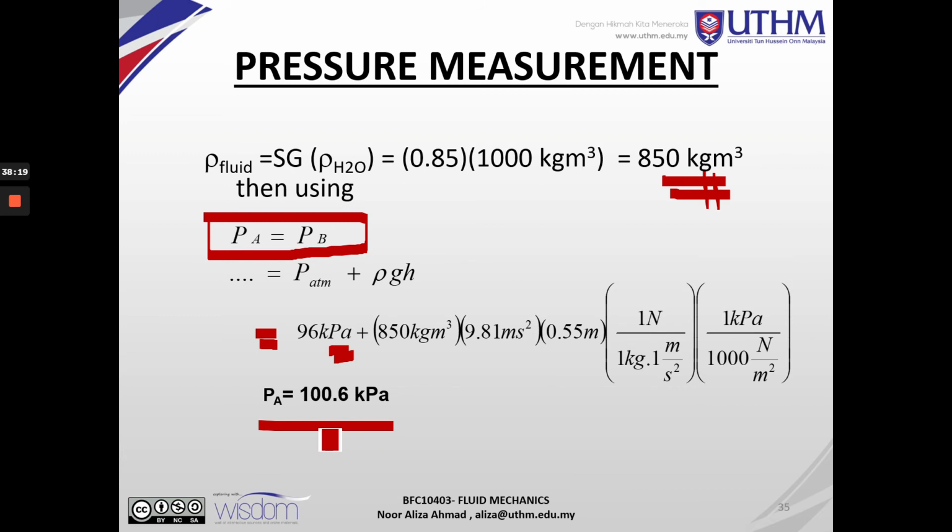So in the end you get PA as 100.6 kilopascal. You must know how to convert the unit from Newton or kilopascal to pascal. Only for pascal and Newton, not kilonewton.